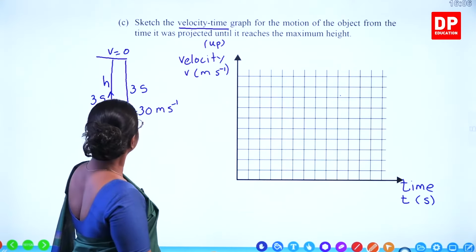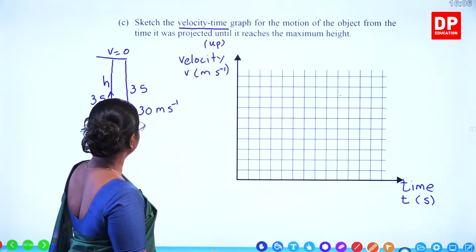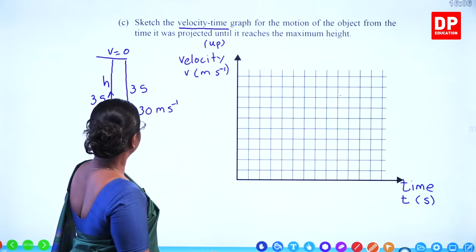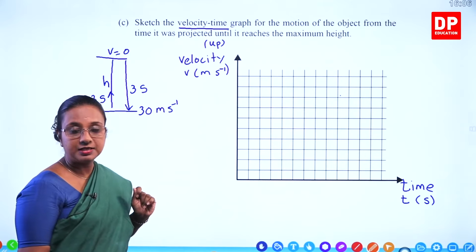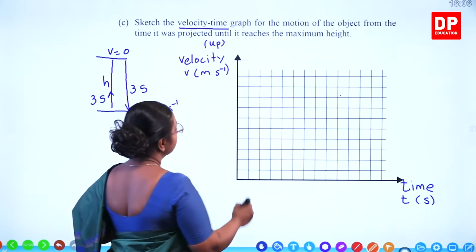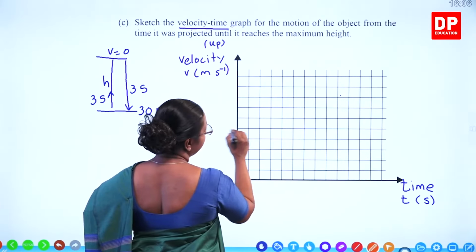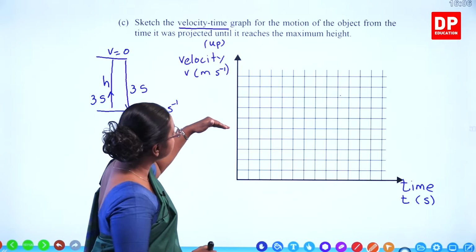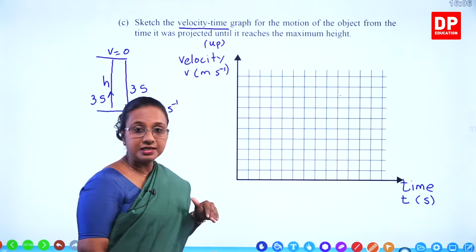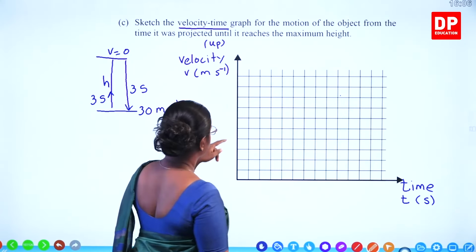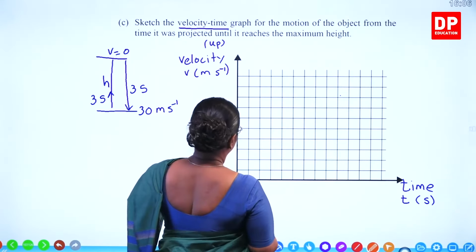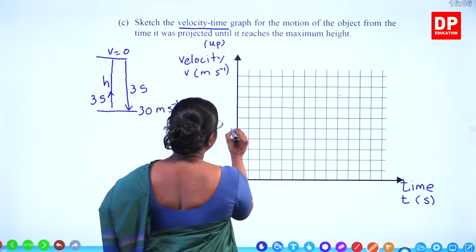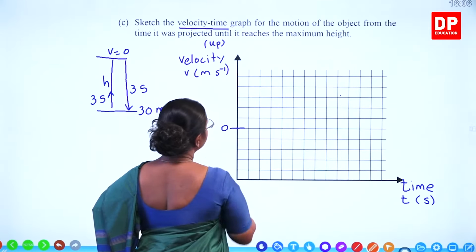The maximum velocity with which it was thrown upwards is 30 meters per second. But since the graph is going to be on either side, I will mark the 0 point at the middle of the graph. We will mark 0 here.